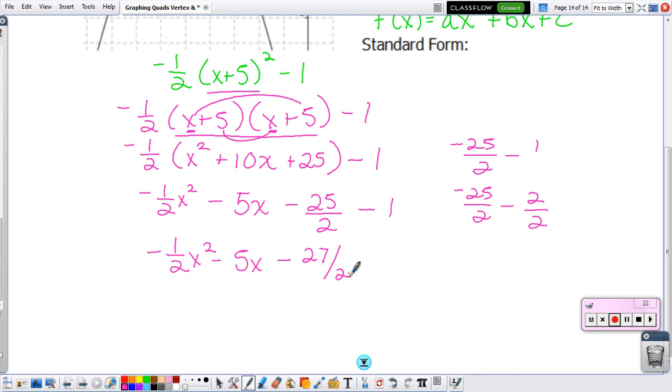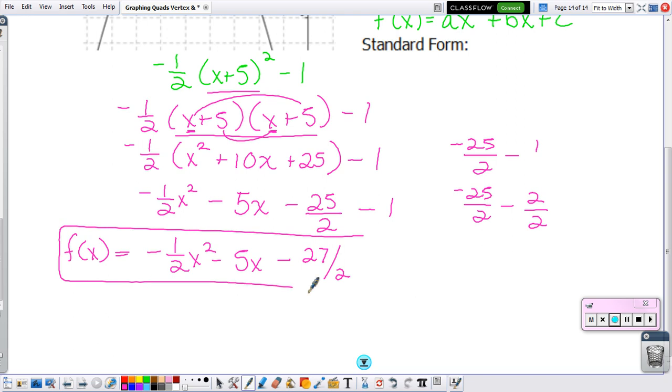Now we're writing an equation, so I'm going to set this equal to f of x or y. So in order to go to standard form, we took vertex form, we FOILed, distributed, and then combined like terms. And we have our equation in standard form, which once again was f of x equals ax squared plus bx plus c.